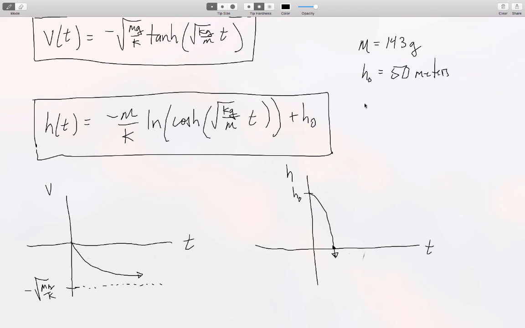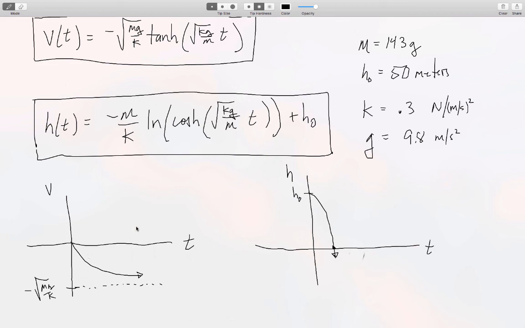Let's go with k, let's go with 0.3, and this is sort of like newtons per velocity squared. So those would be the units of my drag coefficient, and of course with these units, acceleration due to gravity is 9.8 meters per second squared.